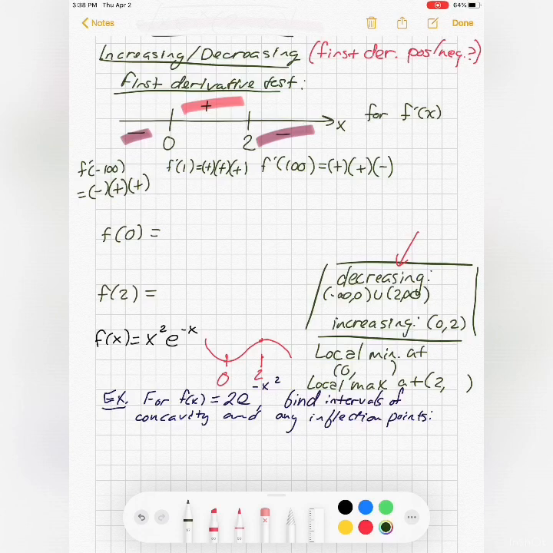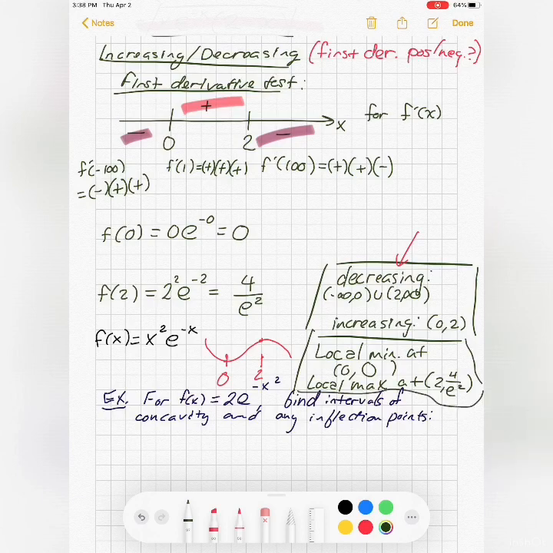Okay, so f of 0 would be 0 times e to the 0 would be 0. f of 2 would be, let's see, 2 squared e to the negative 2, 4 over e squared. So local min at (0, 0), local max at (2, 4 over e squared). I don't know why that makes me laugh. So there's my conclusion there.